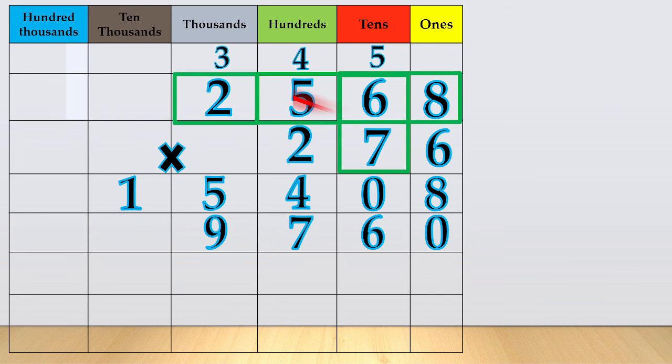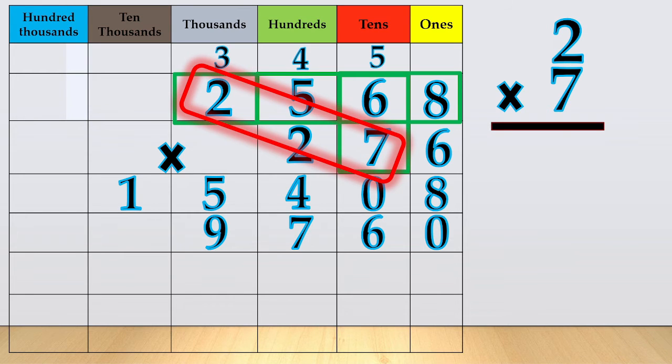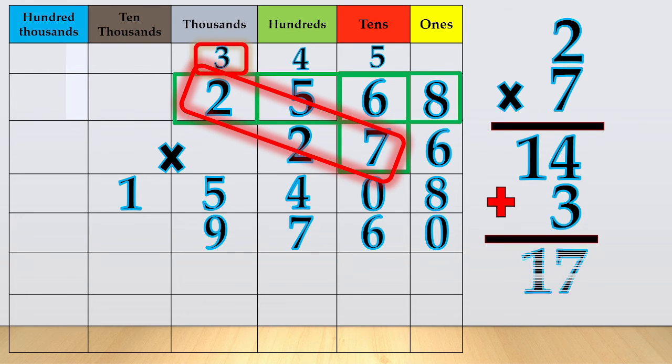Now, multiply 2 times 7. 2 times 7 is equal to 14. Add the 3 that we have carried over. So, 14 plus 3 is equal to 17.